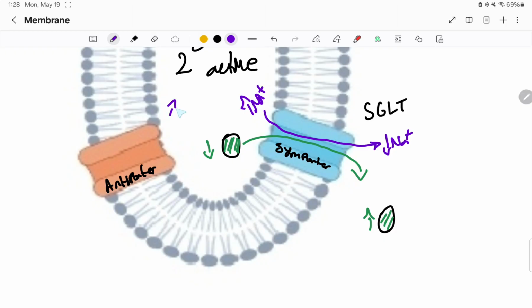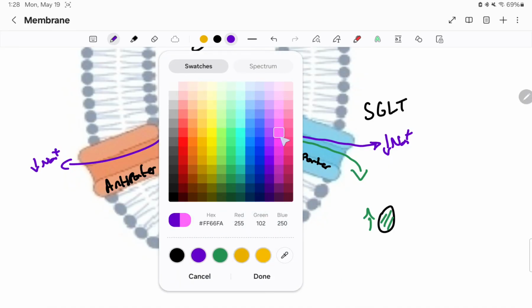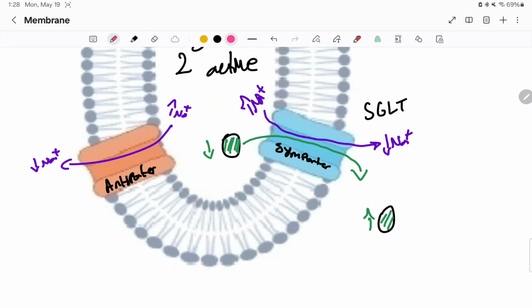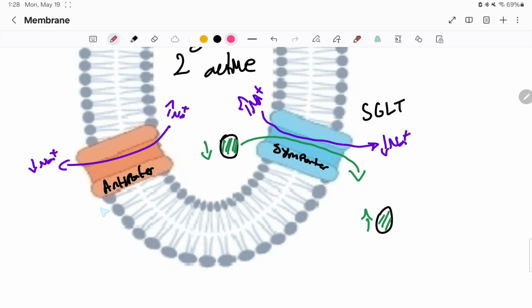Let's say again, sodium is moving down its concentration gradient inside of the cell. Okay, nothing crazy. But this is a good example: we want to move another famous ion called calcium. But instead of moving it into the cell, we want to move it outside of the cell. Usually calcium is in low concentration inside of the cell, and it's pretty high outside.